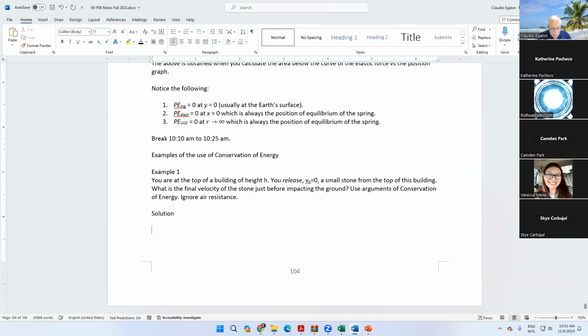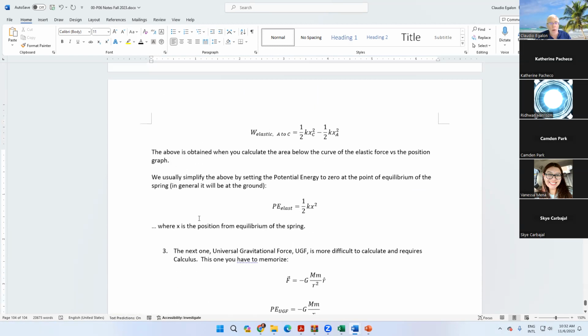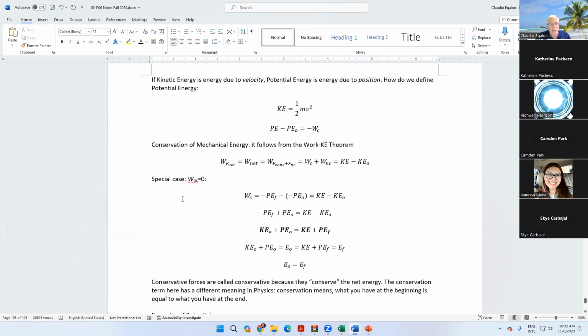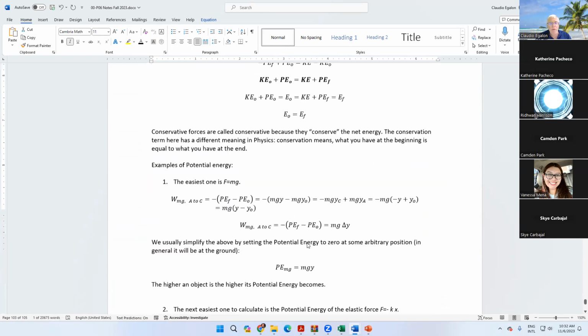Here you go. Refer to the work kinetic energy theorem. Going back to our relationship that we saw before, the full work kinetic energy theorem is this one right in here.